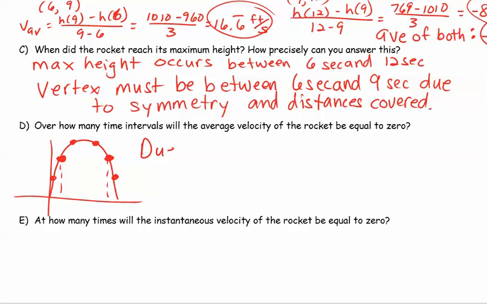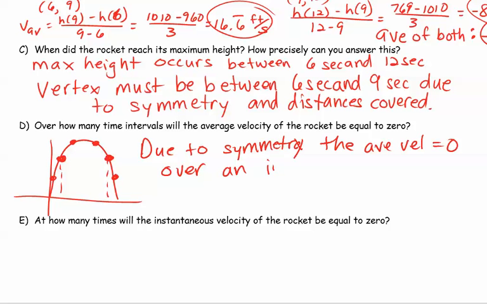So we could say, due to symmetry, the average velocity equals 0 over an infinite number of intervals, as long as you chose two times that were symmetrically placed around the vertex of the parabola.